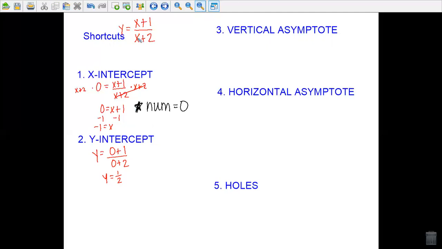If that was x squared, 0 squared is still 0. If that was a 5x, 5 times 0 is still 0. So every term that has an x ends up going away, and you're always going to be left with whatever's on the end without an x. So my shortcut for the y-intercept is just to divide the constants.